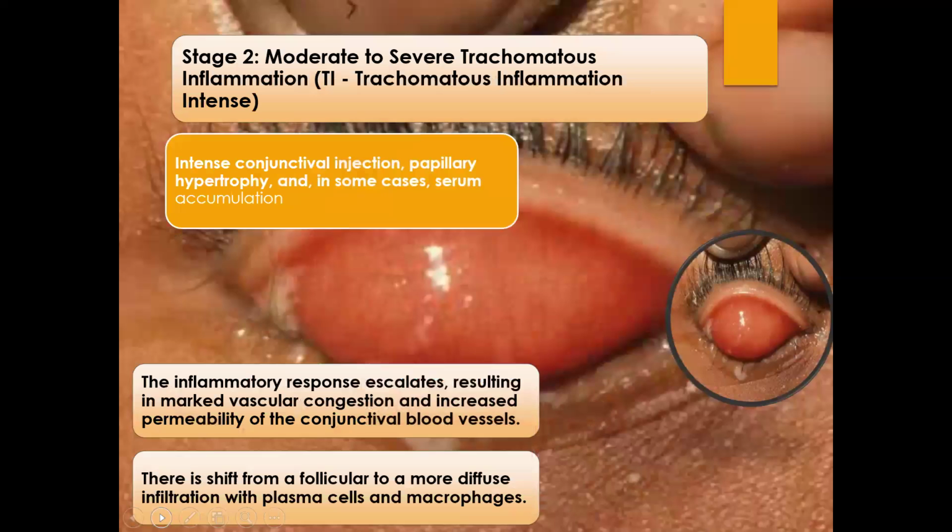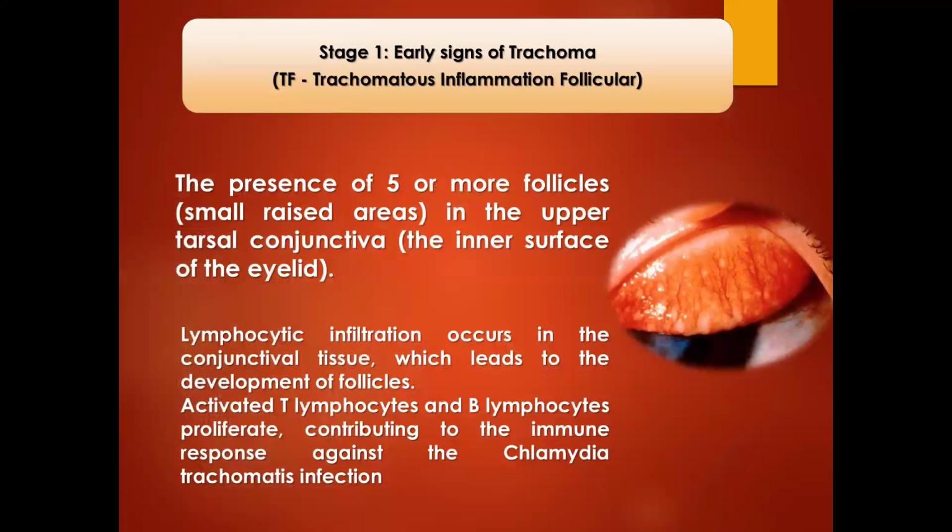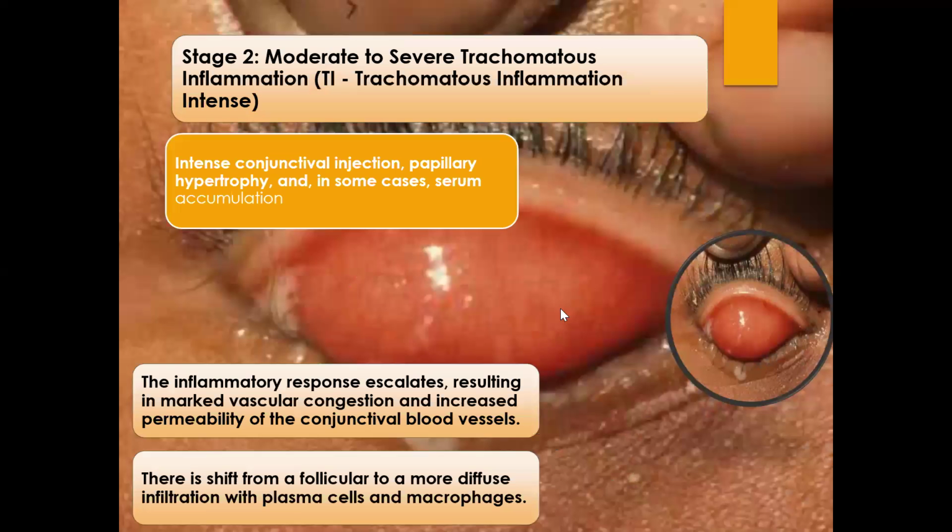The next stage is the moderate to severe trachomatous inflammation, known as trachomatous inflammation intense. This particular stage is well characterized by intense conjunctival injection and papillary hypertrophy. Papillary what? Hypertrophy. If you look here now, it has moved from the other stage to becoming highly intense.